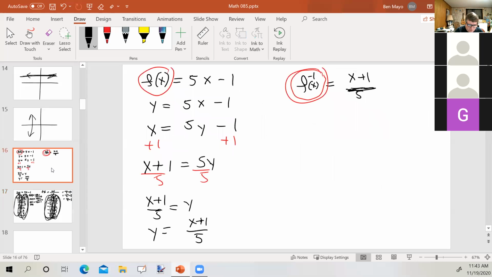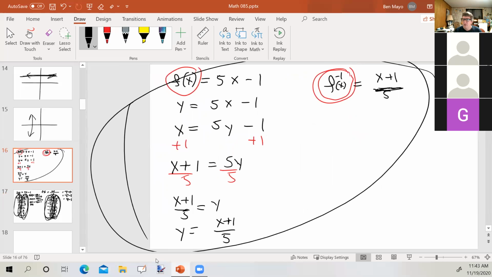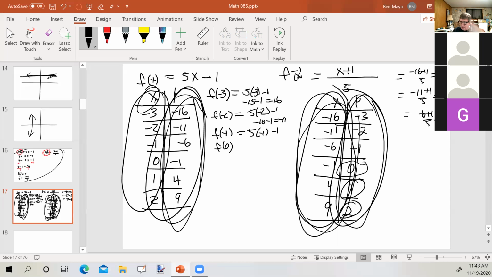When we went through this process of finding the inverse, we interchanged the x's and y's, right? So when you're getting table values for a function or a graph, your ordered pairs for the inverse are going to just be inversed, so to speak. Okay? Any questions about that?